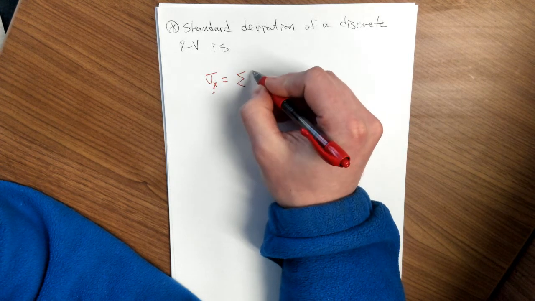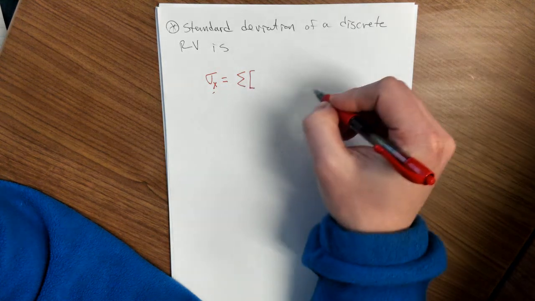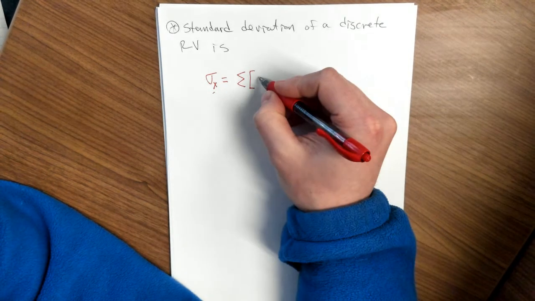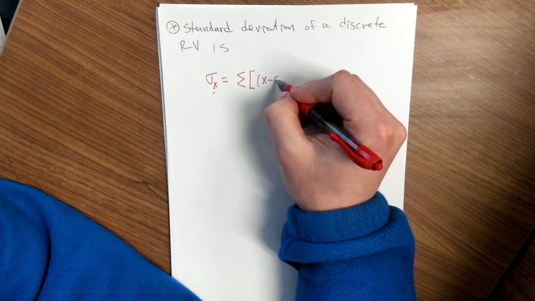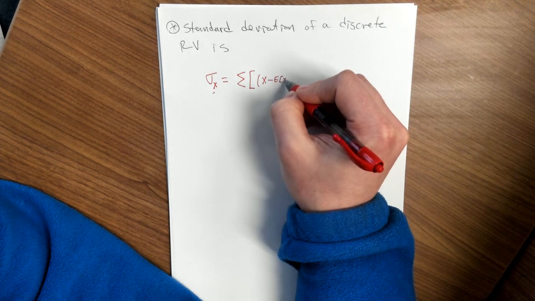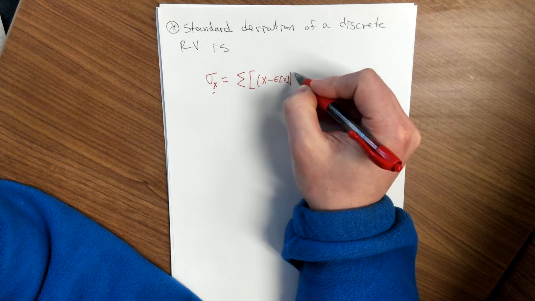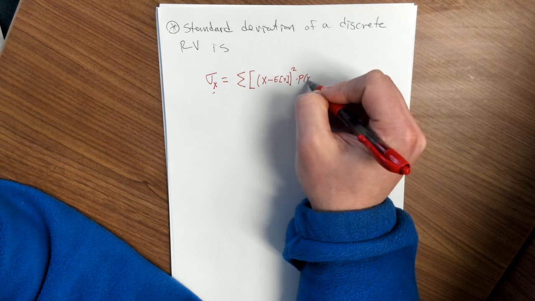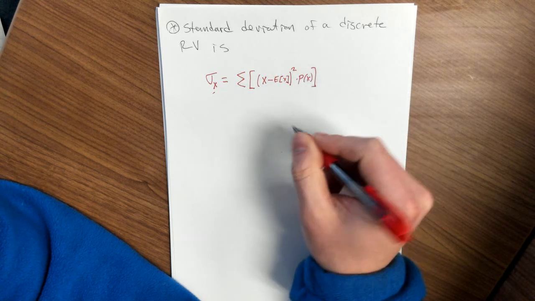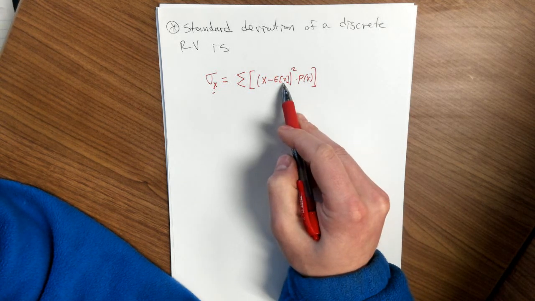So we have the sum, then we open a bracket, and we take each of the x values and subtract the expected value, and then we square that, and then multiply that value times the probability of x. Notice here I used brackets around E of x.